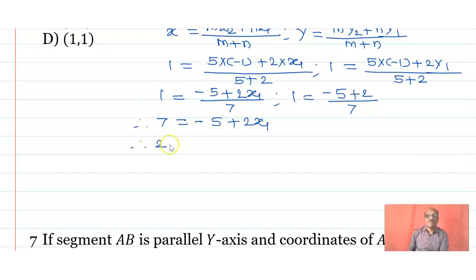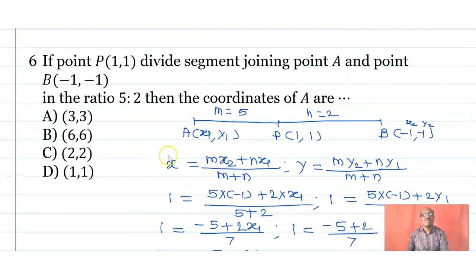Therefore 2x1 is equals to 7 plus 5 and that's equals to 12. Well, therefore x1 is equals to म्हणजे आपल्याला किती मिळेल 12 upon 2, that is 6. म्हणजे आन्सर कुठला असेल that is option B is a correct one.